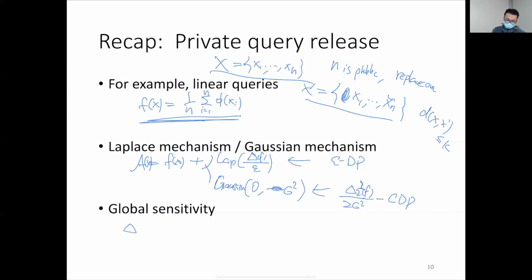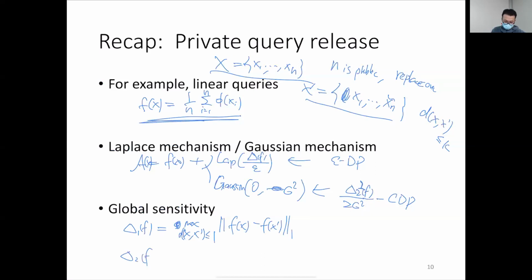So the global sensitivity, global L1 sensitivity, is just defined to be the max over all neighboring data sets such that they differ by at most one element. And then we calculate the L1 perturbation of this query F when we alternate between the two neighbors.